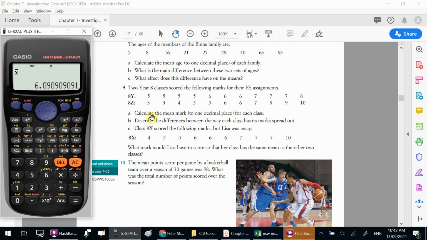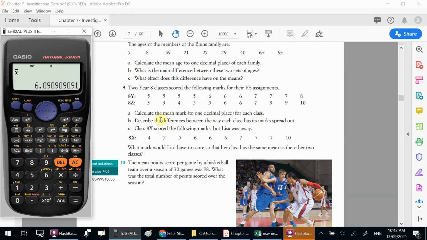Now, to make it quicker, the 8Y's mean or average. The mode is different. That looks like a 5 for that one. Yeah, there's 4 5s and only 3 of those and one of those. So 5 is the mode of that one.